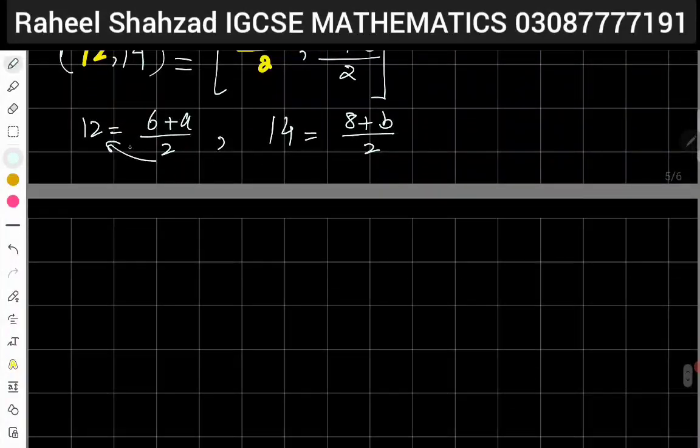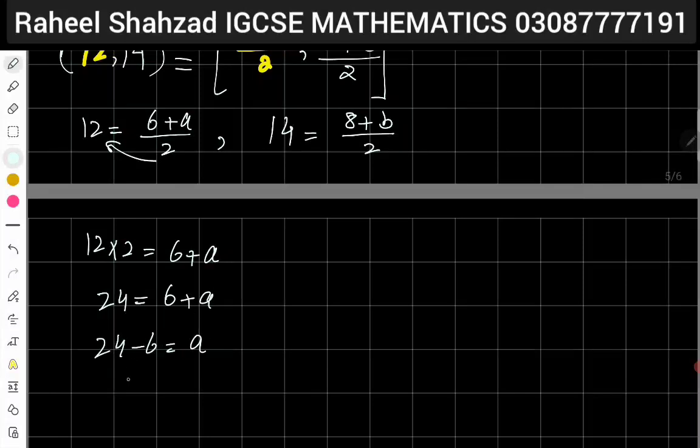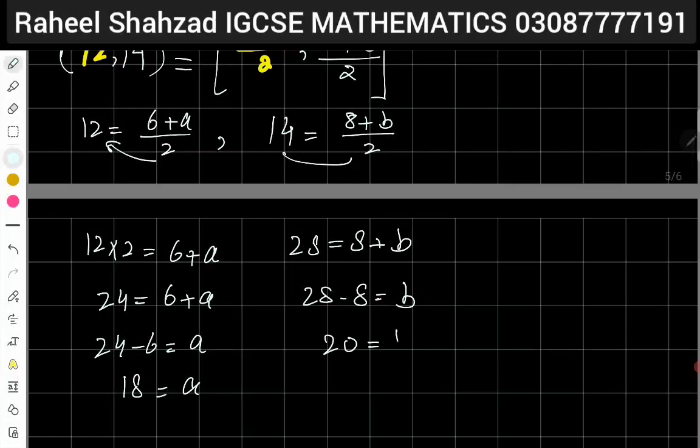So 12 twos are 24 is equal to 6 plus a, 24 minus 6, this is going to be 18. And similarly 14 twos are 28 is equal to 8 plus b, 28 minus 8 is equal to b, that is equal to 20.